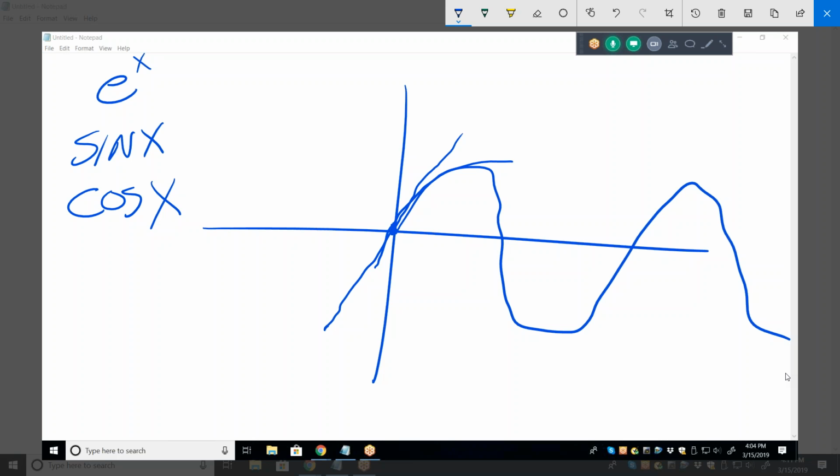If I include the second derivative, it starts looking like this. The third derivative, fourth derivative, fifth derivative, and you end up with the polynomial being exactly equal to that over the entire domain of real numbers.